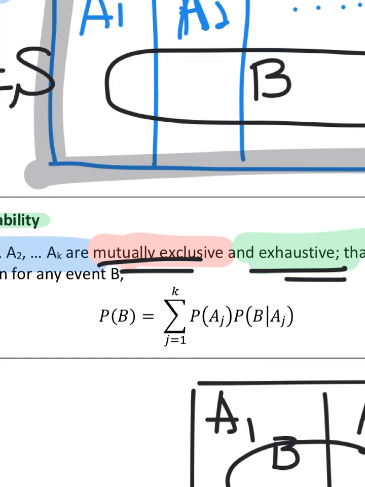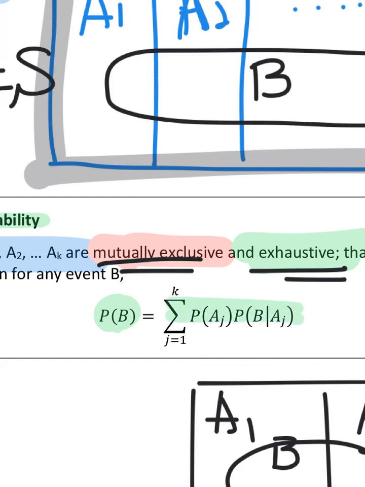Probability of B. We have many A's and only one B. The probability of B, that is the total probability. We are going to take the total probability of B.